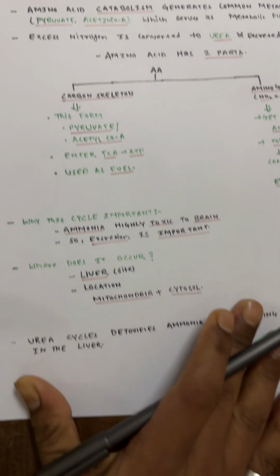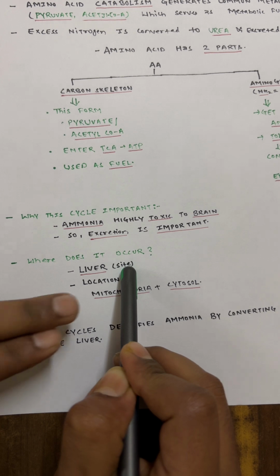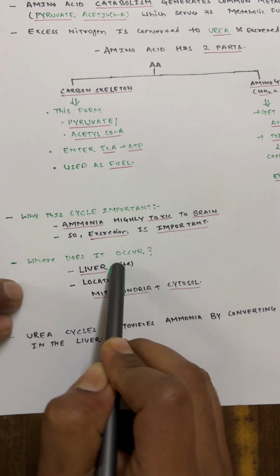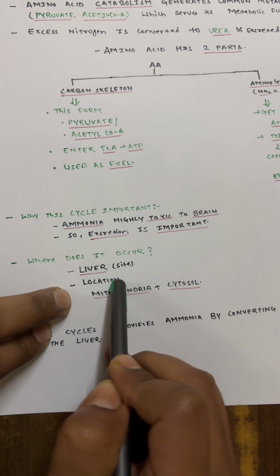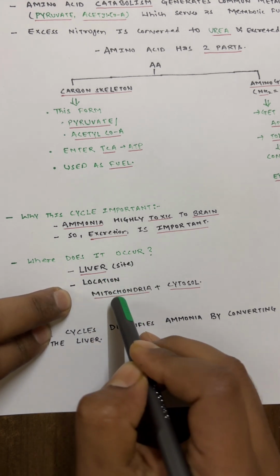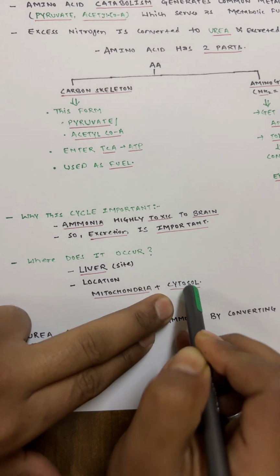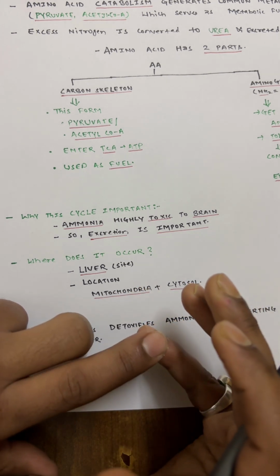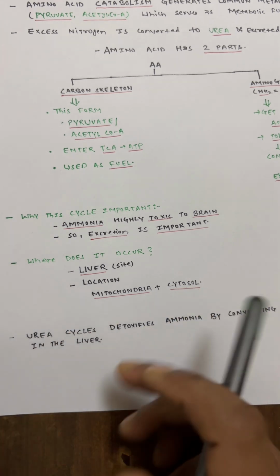Now where does this actually occur? The liver is the primary site where the urea cycle occurs. Now about location: it occurs in both mitochondria and cytosol. I think in the very first video of the biochemistry series, we talked about which pathways occur in both.